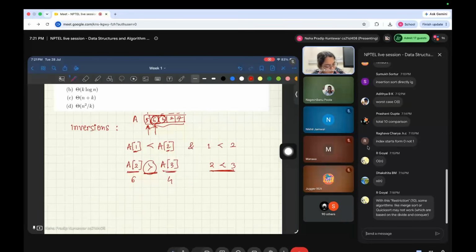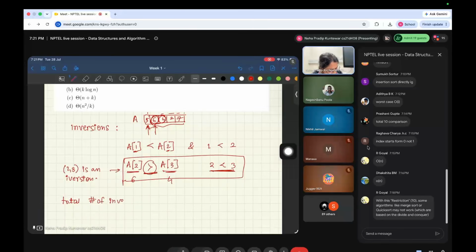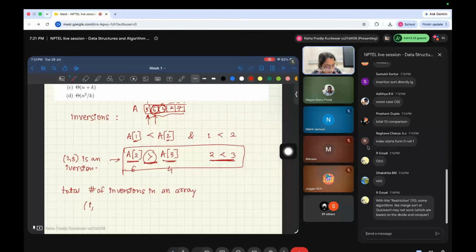So this is called an inversion. So this pair 2 comma 3 is an inversion. Okay, so what is the total number of inversions in an array? You look at all i comma j pairs.